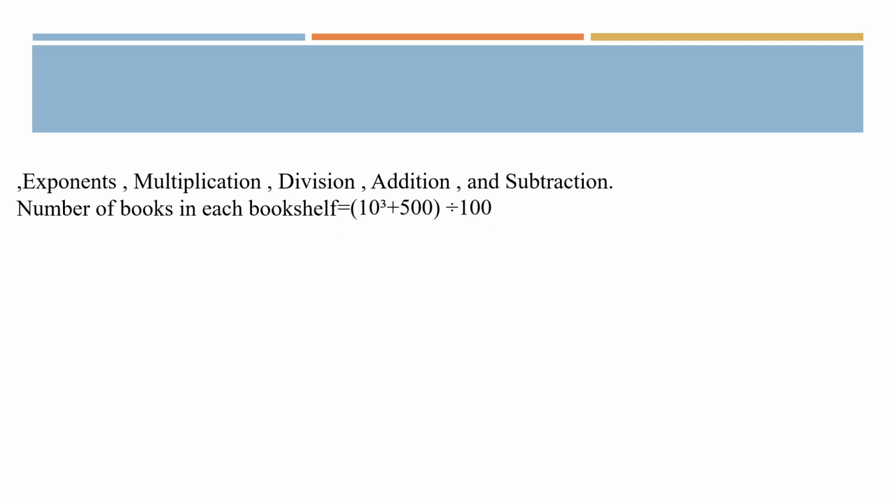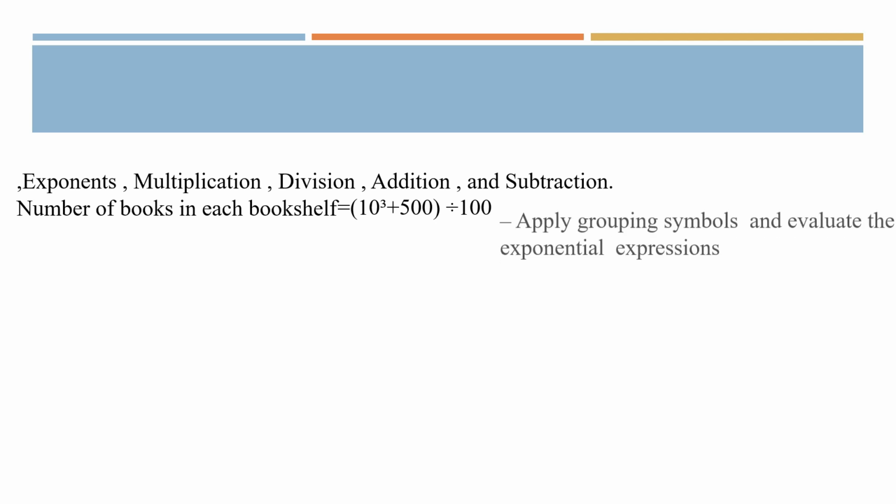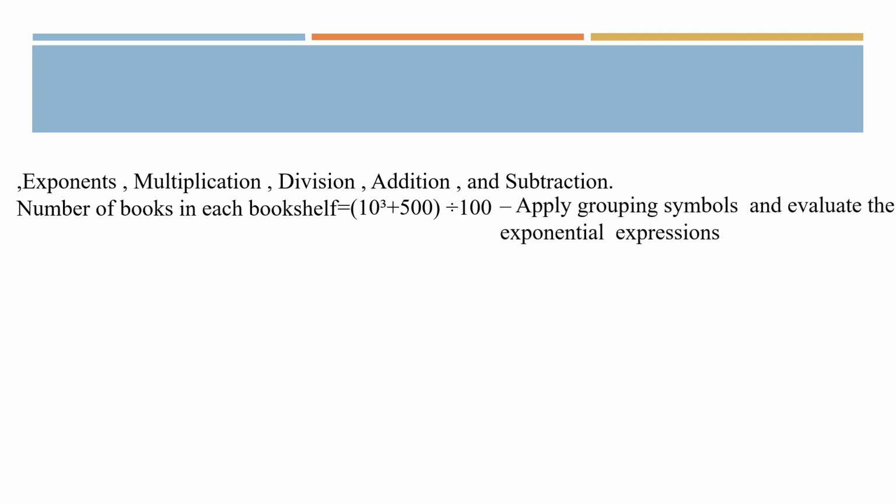Going back to the problem, what are the given facts in the problem? The number of books in each bookshelf. What are the given facts? 10 cubed plus 500, divided by 100. Apply grouping symbols and evaluate the exponential expressions.